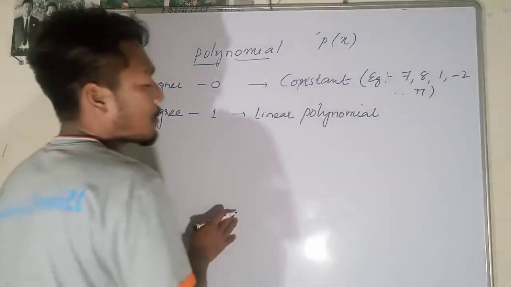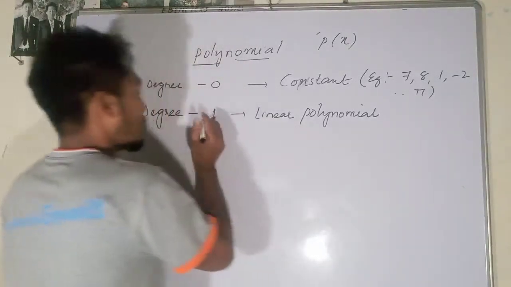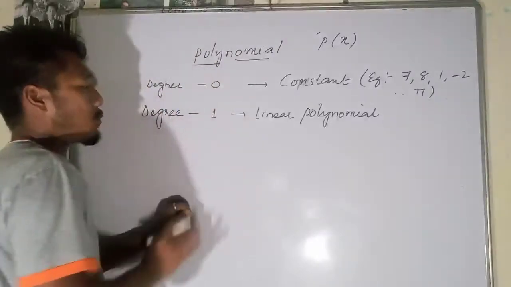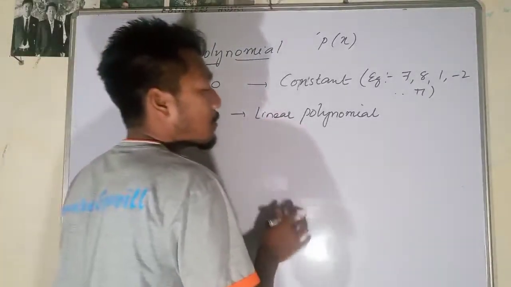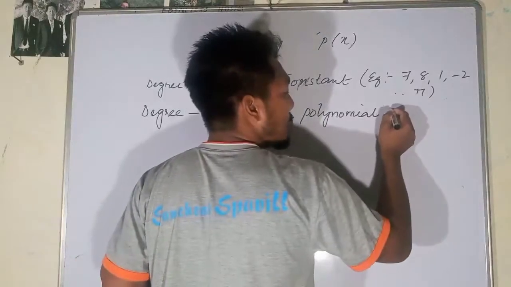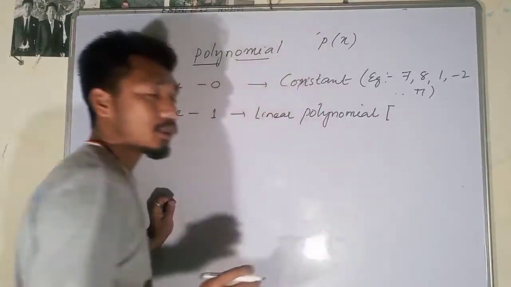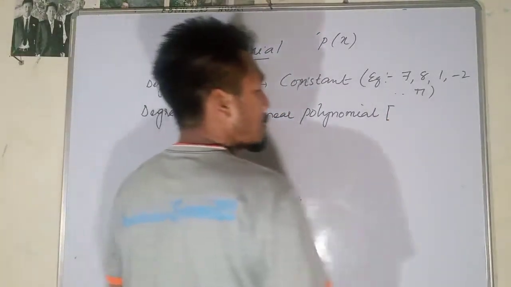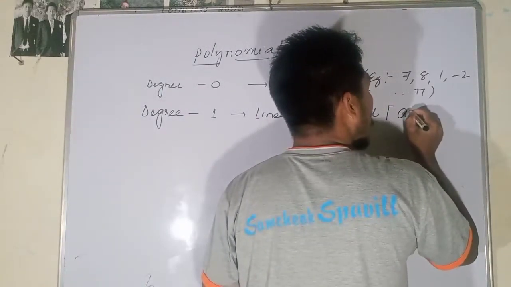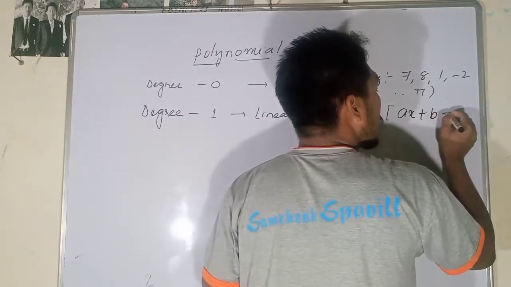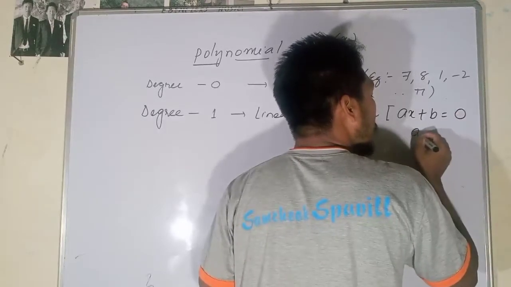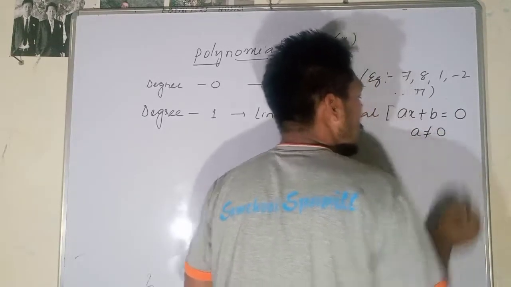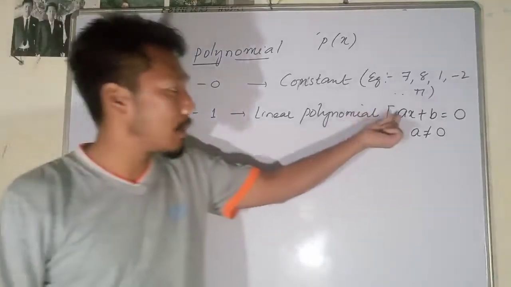When you talk about a linear polynomial, the degree is 1, and its general equation is written as ax plus b equal to 0, where a should not be equal to 0. b may be 0, but a should not be equal to 0.